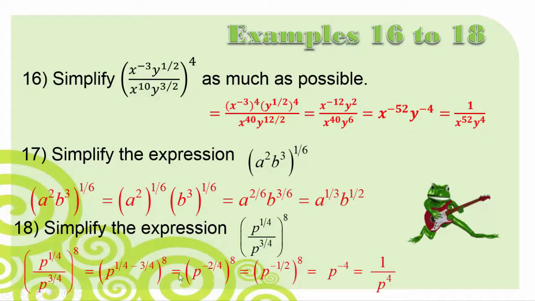So we ended up inside this bracket with p to the negative 2 over 4 to the 8th power. That is equal to p to the negative 1/2 to the 8th power. We multiplied in the 8, and we got p to the negative 4, but then we have a negative exponent, so we had to make it positive, and using our quotient rule, we have 1 over p to the 4th.